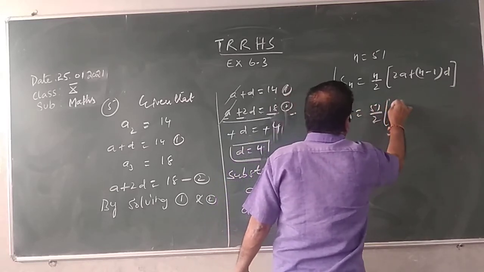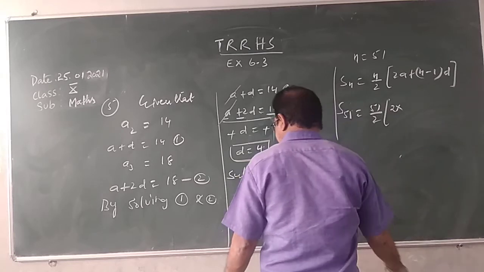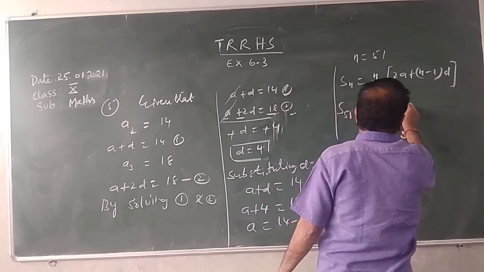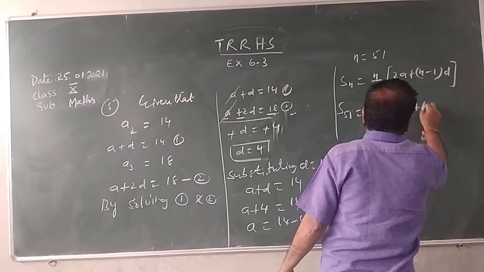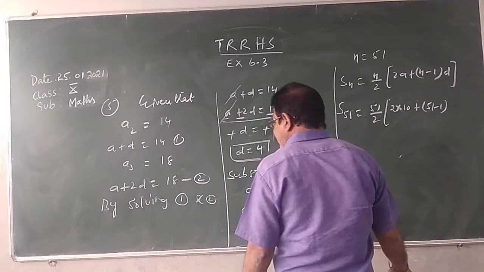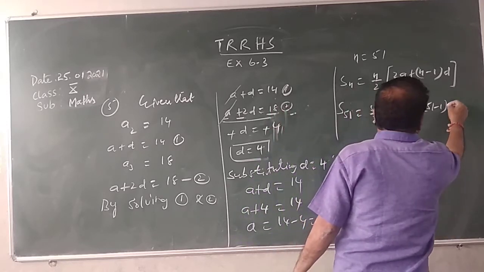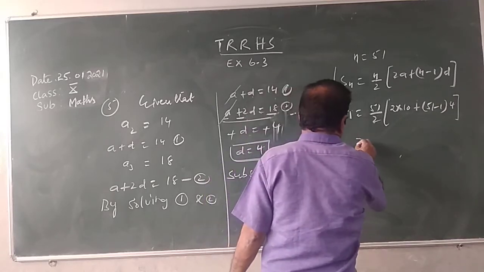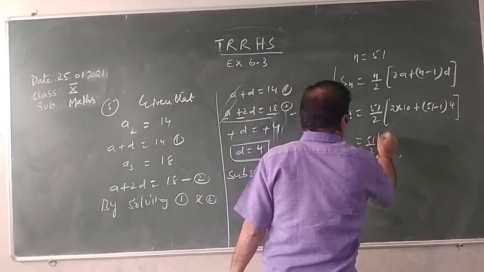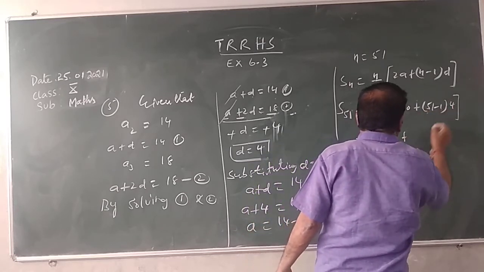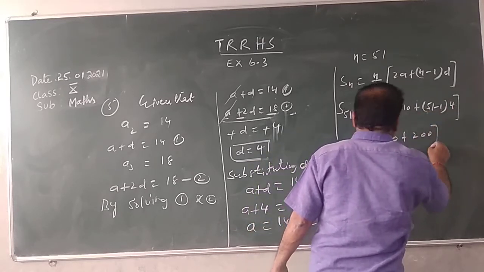51 by 2 into 2a. A value is how much? 10. 2 into 10 plus n minus 1, 51 minus 1, D is 4. So 51 by 2 into 2 times 10 is 20, plus 50 into 4, 200.